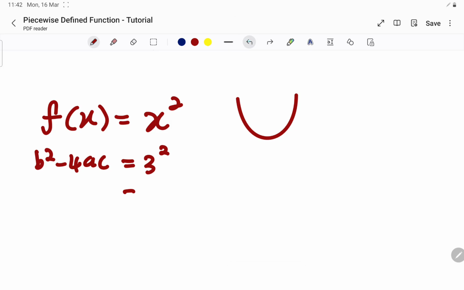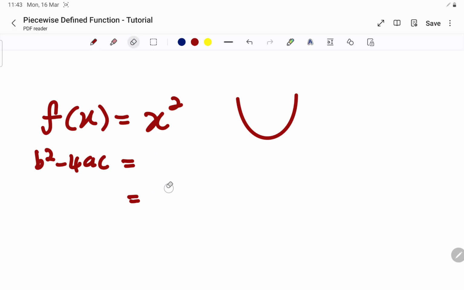Sorry, it's not 3 square. I'm sorry, this is 1 square. So by right, it is greater than 0. Oh sorry, I made a mistake here.